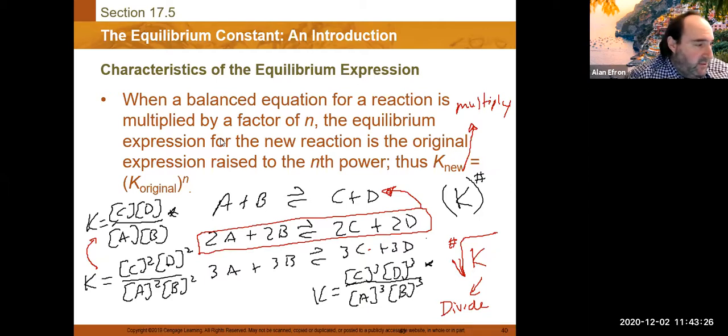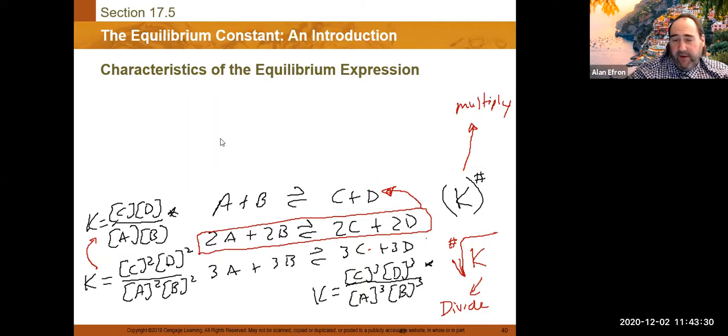The last thing that you see in terms of equilibrium reactions is that sometimes you may need to actually add two reactions together. So for example, A plus B goes to C plus D, and we'll call this K1. And maybe C plus D goes to E plus F. We'll call this K2.